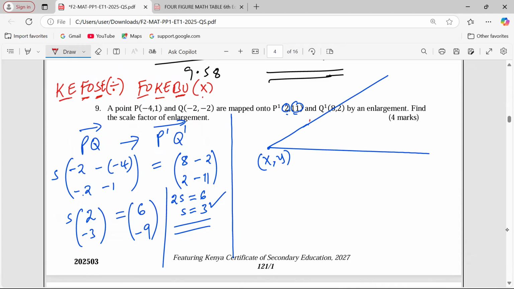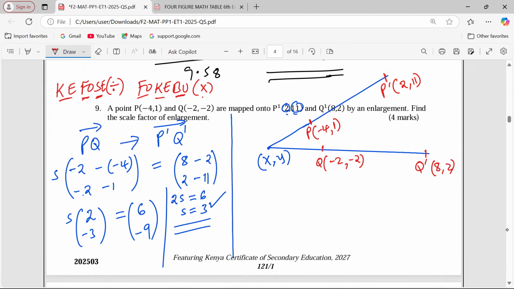So we can say this. That's the center. Then we are having P here, which is -4, 1. Remember, I'm doing a question which has not been asked here. Then P prime should be along the same line and is 2, 11. Then we talk about Q, which is -2, -2, and Q prime along the same line, which is 8, 2.